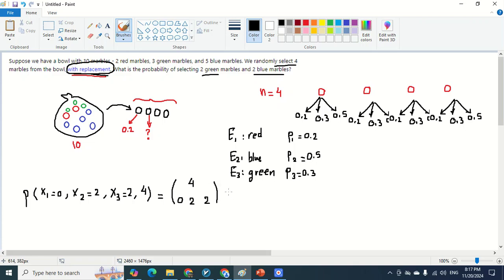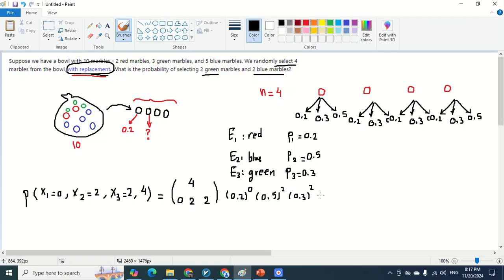The corresponding probability is 0.2 to the power of 0, and then the probability of the second one, getting blue, is 0.5, so 0.5 squared because we have 2 cases, and also 0.3 squared. And I want to remind you that 0 factorial is equal to 1.